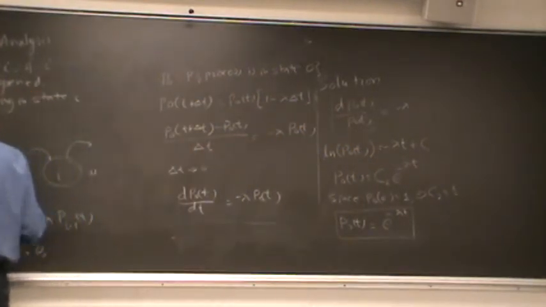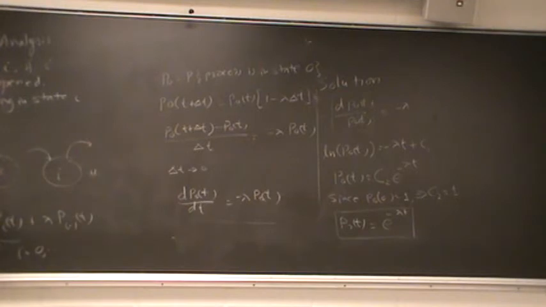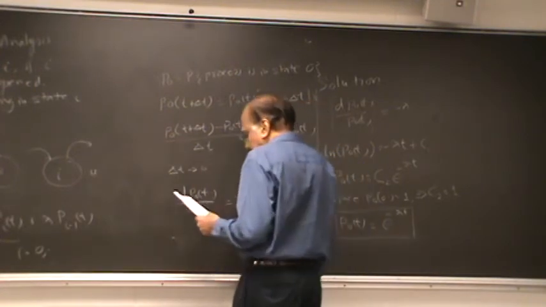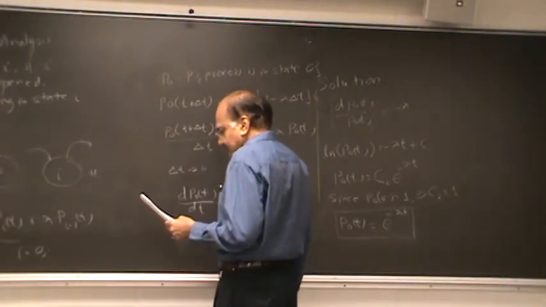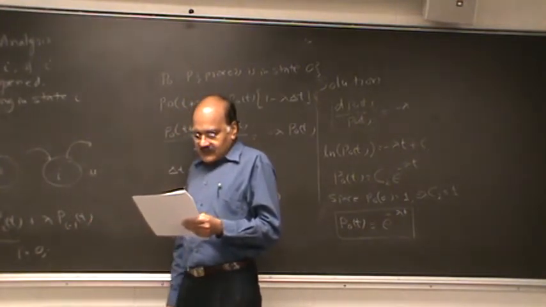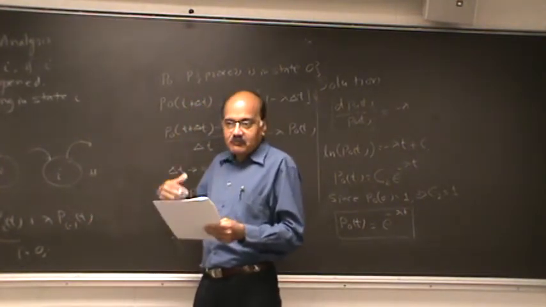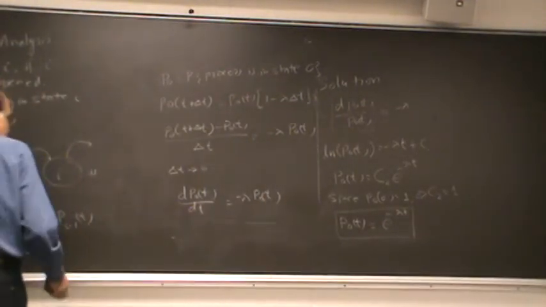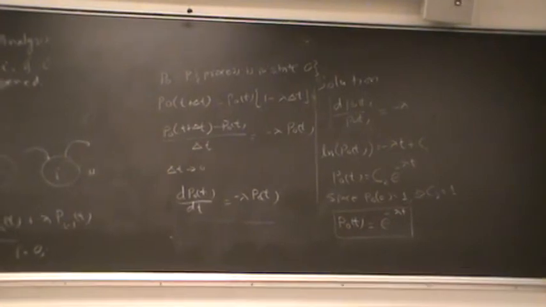And now let us come, okay, so we have solved it only for P0. Now since we have P0, we can solve it for P1. So this is the general equation we want to solve. So we can solve it for P1, then we can solve it for P2, and so on. And we are going to get the solution recursively.